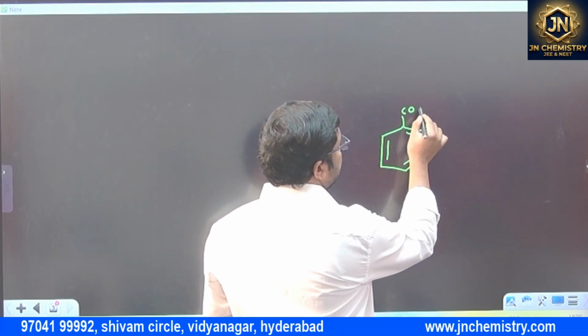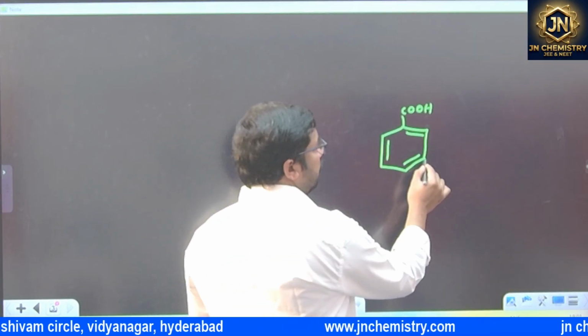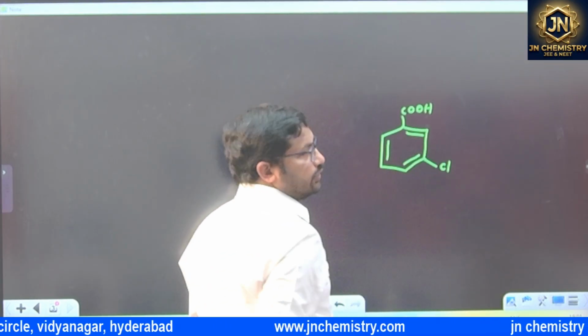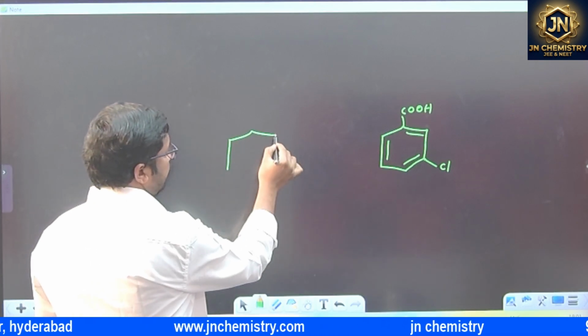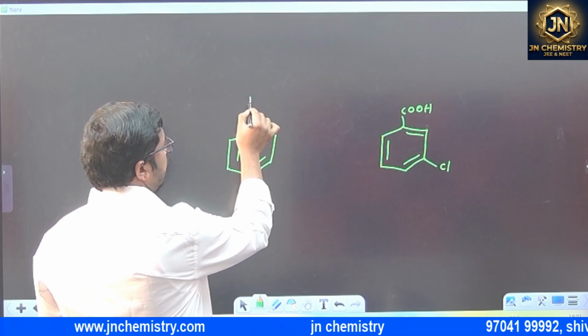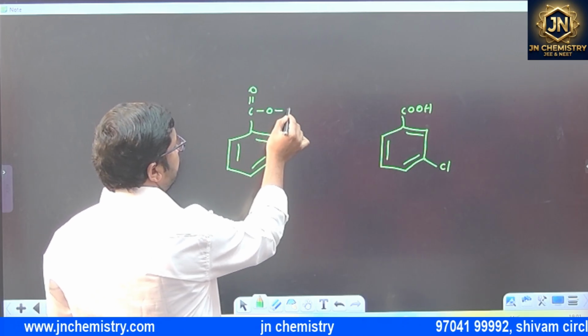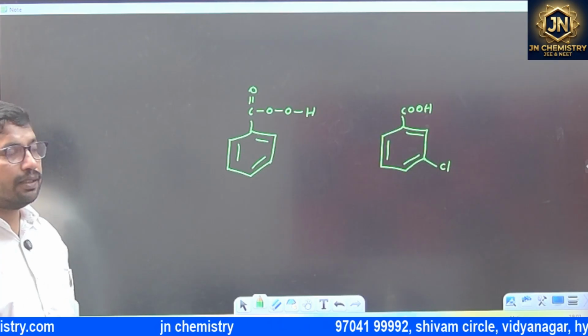This is called benzoic acid. This is chlorine here, metachlorobenzoic acid. So this has the peroxy group, C double bond O, OOH. This we could say the perbenzoic acid.